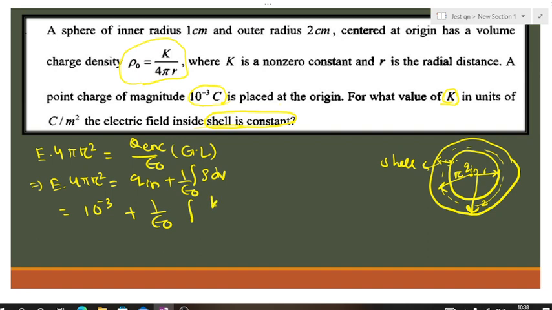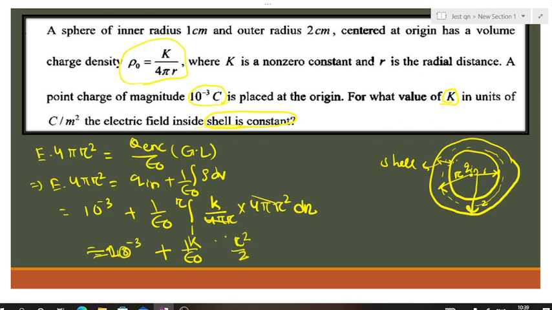Integration of rho, which is given as K by 4 pi r, and the volume element is 4 pi r square dr. The integration limit is from 1 centimeter to r. So this is 10 power minus 3 plus 1 by epsilon naught times K r square by 2, with limit from 1 centimeter to r.